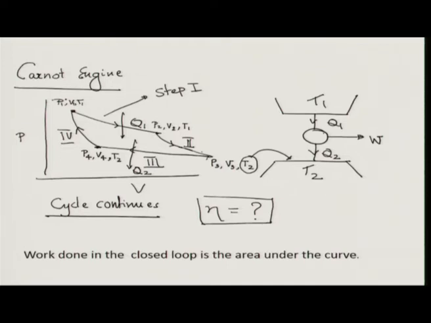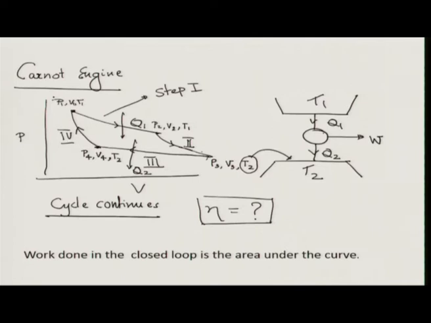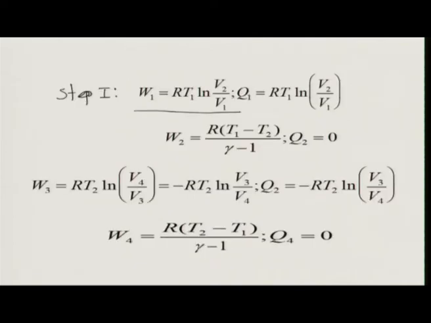It is isothermal expansion. We have already calculated in gory details what is the work done. Work done is this, and you can see from this picture, okay, V2 exceeds V1, V2 is greater than V1. So, this is of course a positive quantity, so is heat absorbed.